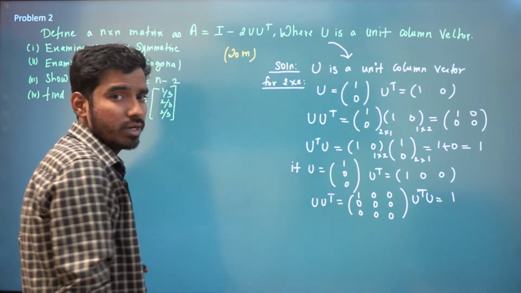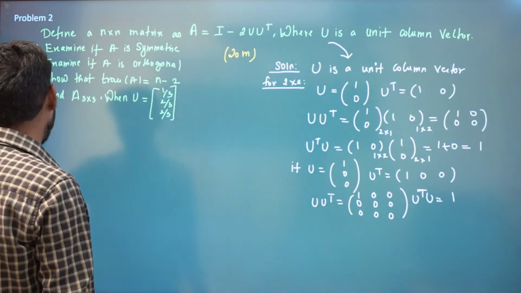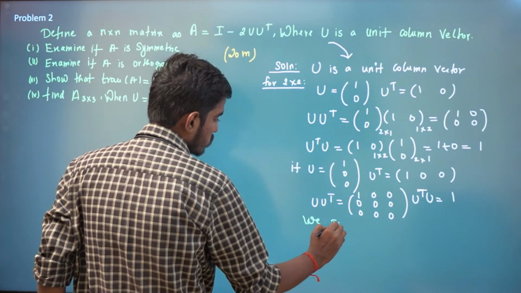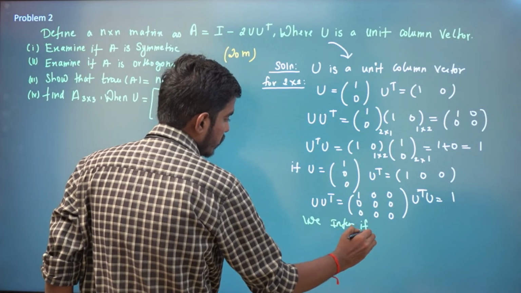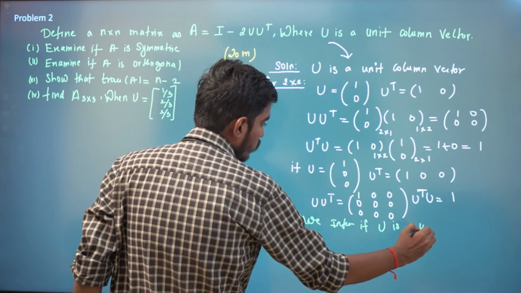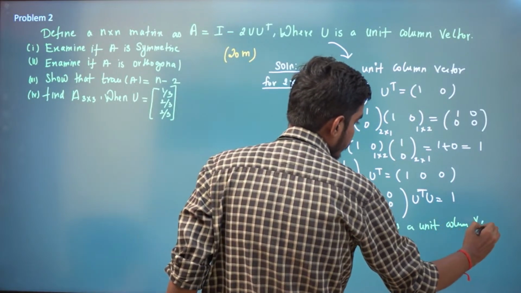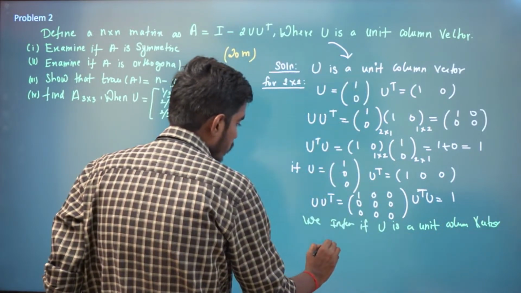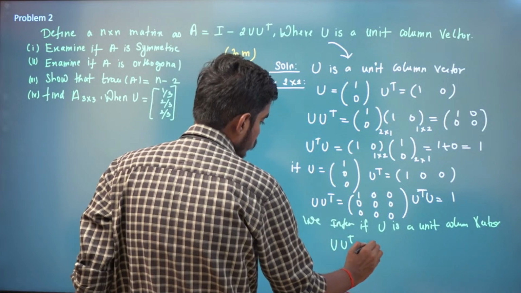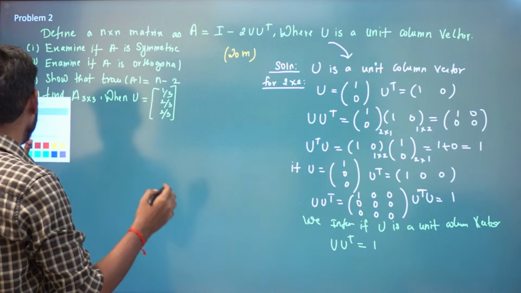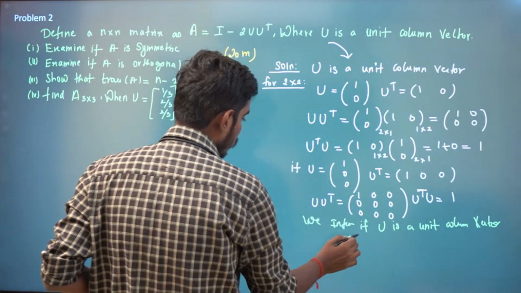See, what we infer is, if u is a unit column vector, then u transpose into u is always equal to 1.